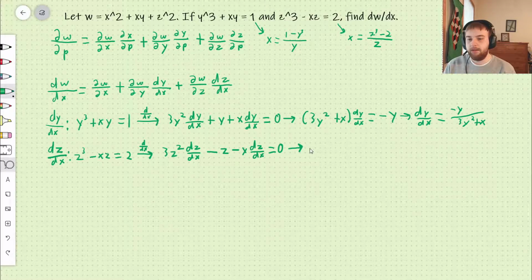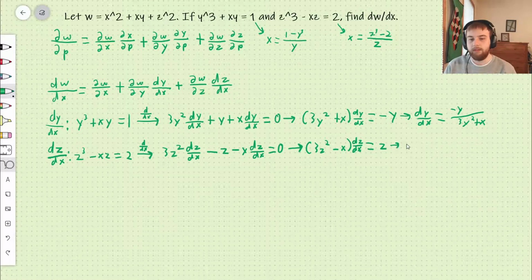And then the same thing here, 3z squared minus x, times dz/dx, equals positive z.